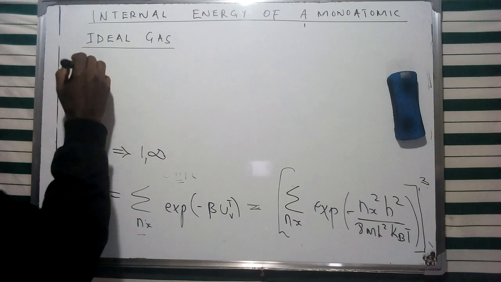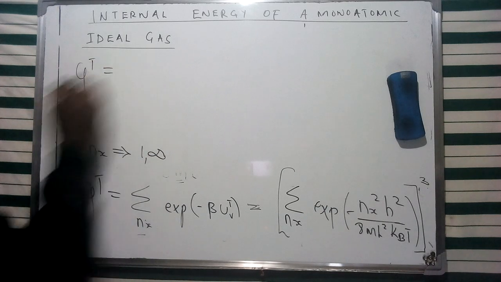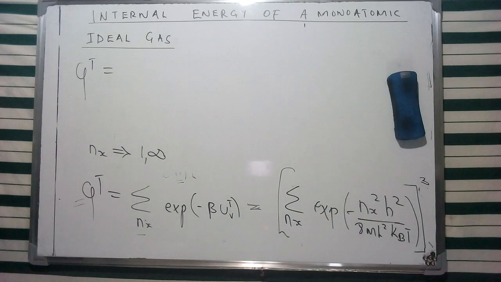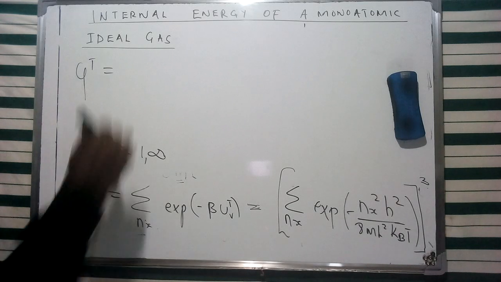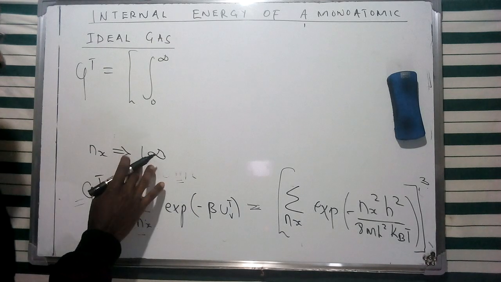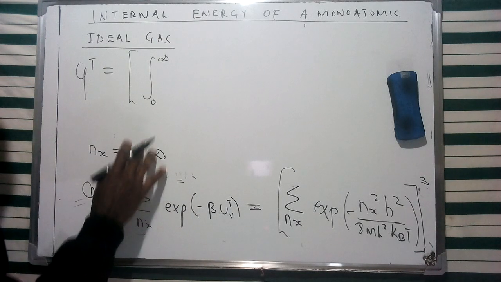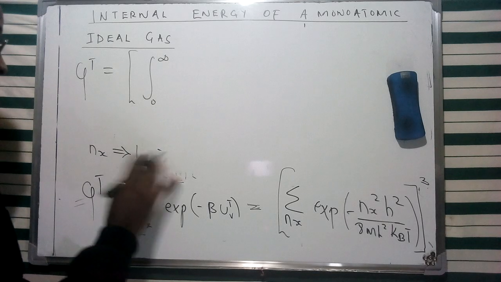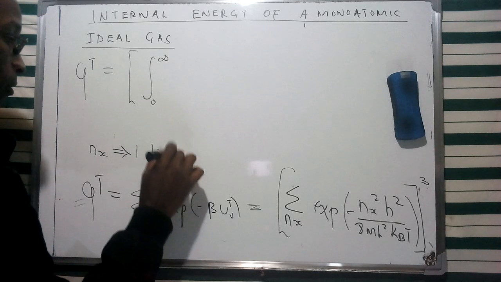We're going to have the representation of the translation partition function given in terms of this specific summation, so basically it's between 1 and positive infinity for the ranges of these quantum numbers.